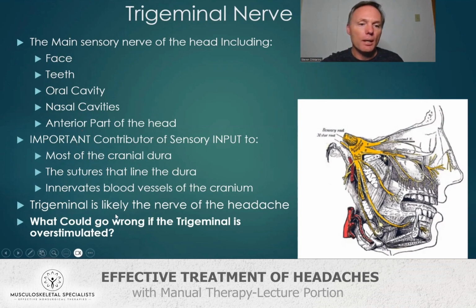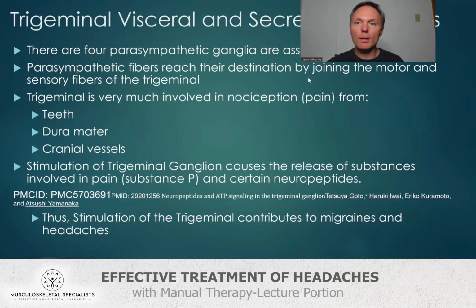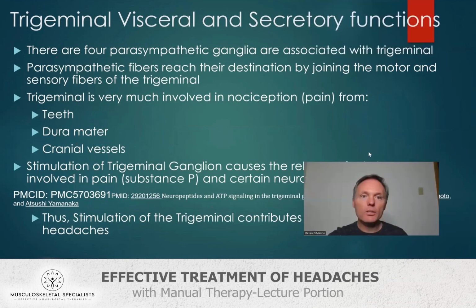Okay, what could go wrong if the trigeminal is overstimulated? That's what we're going to talk about, and we're going to wrap it up. Okay, so the trigeminal, I'm going to try to explain this. There are 4 parasympathetic ganglia associated with the trigeminal. They're up here, and with the whole parasympathetic, sympathetic idea, there are some holes in that theory.